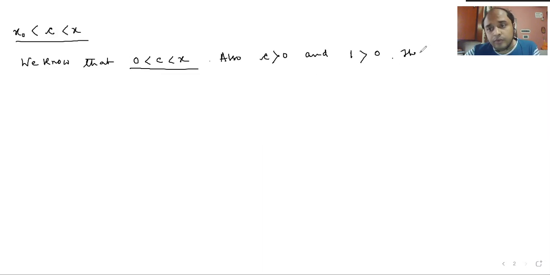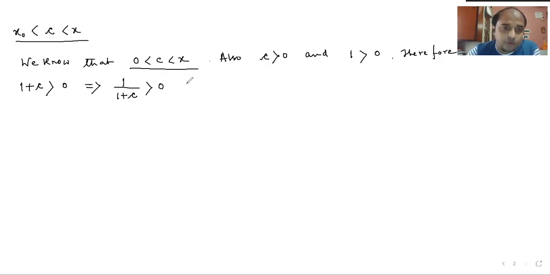Therefore, I am going to apply a bit of inequalities which are often used in real number theory. So C is positive, 1 is positive. So from there it is obvious that 1 plus C is also positive. If 1 plus C is positive, then this implies 1 by 1 plus C is also positive. If 2 is positive, then half is also positive.